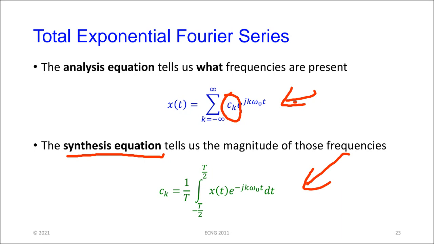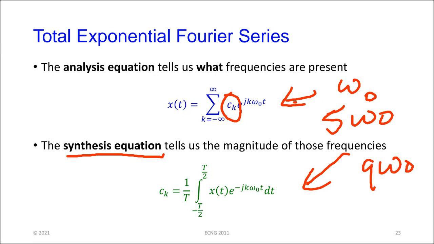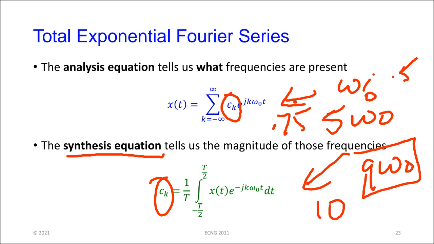The analysis equation is telling you that we have frequency omega naught, 5 omega naught, 9 omega naught, and this now is telling us how much omega naught we have. So we have 0.5 of omega naught, we have 0.75 of 5 omega naught, we have 10 of 9 omega naught, that kind of thing. So both of them work together. One tells us what frequencies are present, and the other one tells us the actual magnitude of those things.